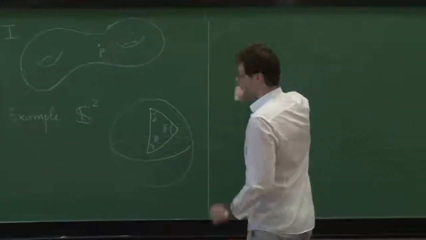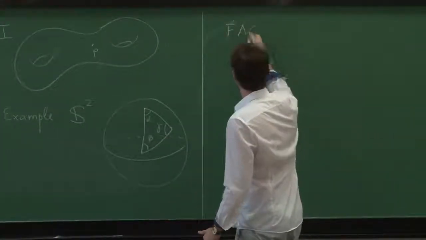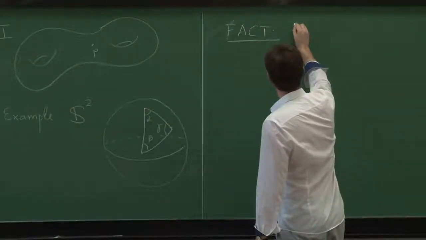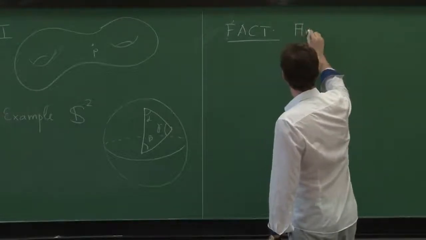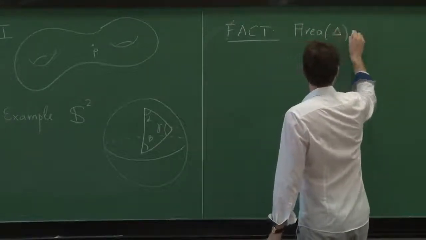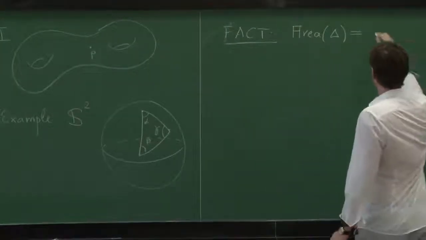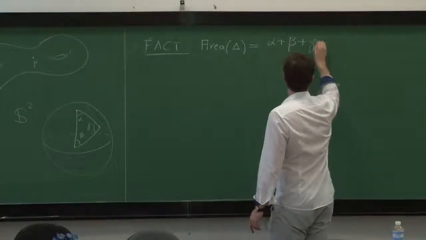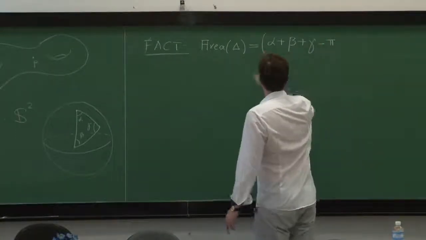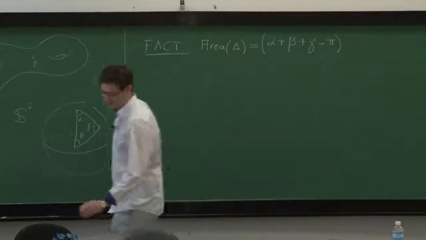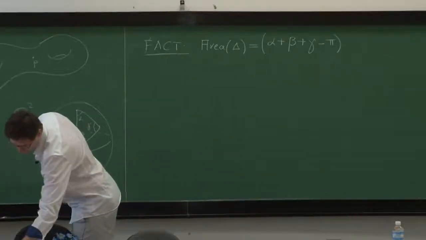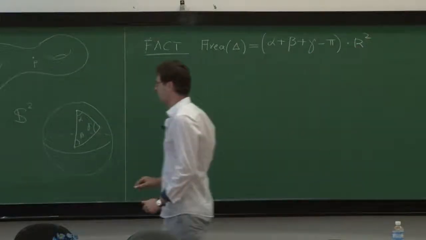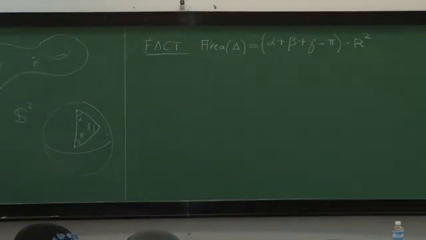And in fact, the following is true. The area of this triangle equals alpha plus beta plus gamma minus pi, times r squared, where r is the radius of the sphere.